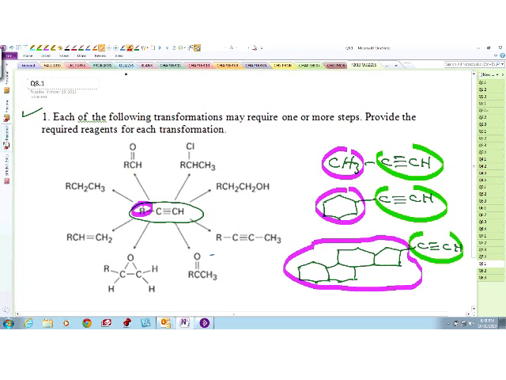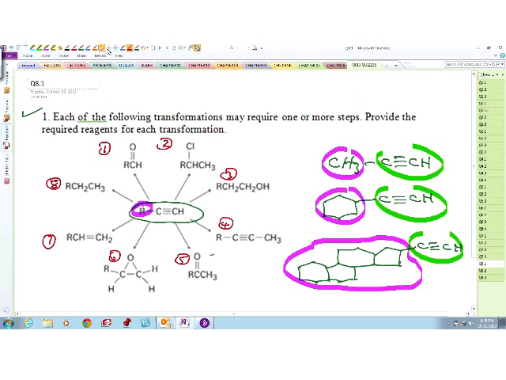Let me go ahead and number each reaction so we know where we need to go. Let us say this is 1, 2, 3, 4, 5, 6, 7, and 8.